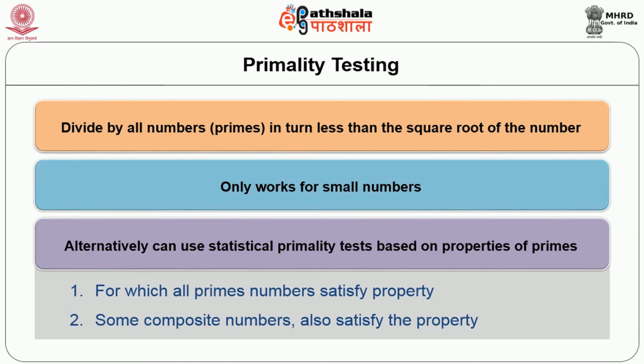So if it is a prime number, the algorithm says maybe prime, but if it is a composite number, it is going to definitely say that this is composite, meaning that this is a probabilistic algorithm. So by applying this algorithm, you cannot be 100% sure that the number is prime.